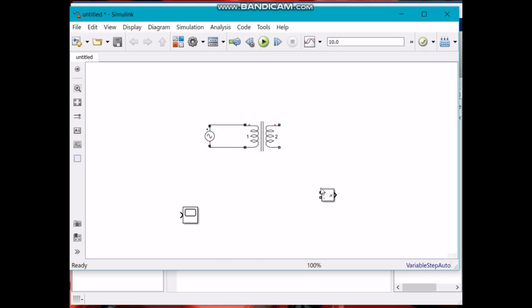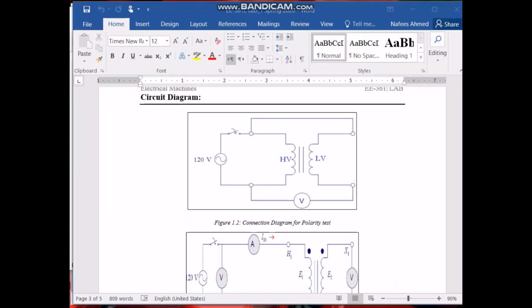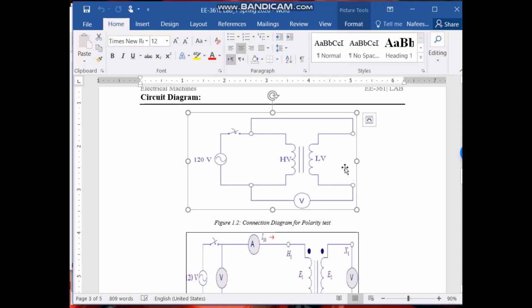Okay, we do need to find voltage at primary side. That is our basically V1. If you see, we need 3 voltmeters, one at this, second at this, and third one is this.